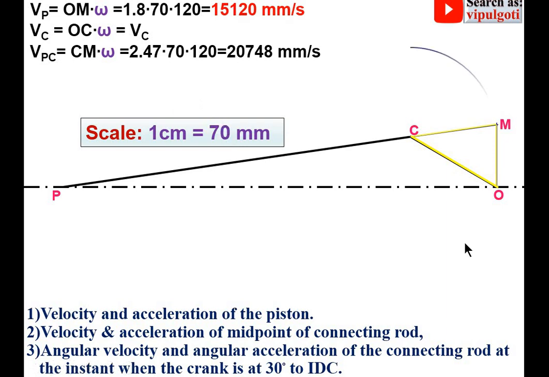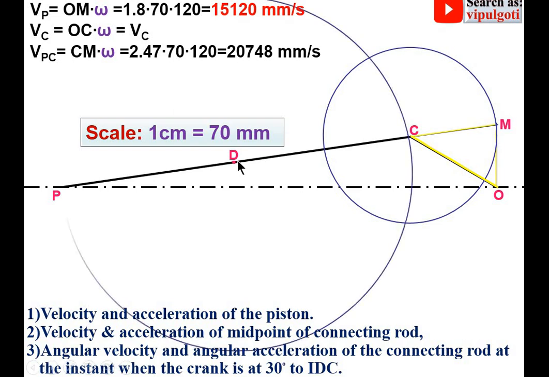Now next, draw the circle with C as center and CM as radius. Then mark the midpoint of the connecting rod as D. Then draw the circle with D as center and DC as the radius.